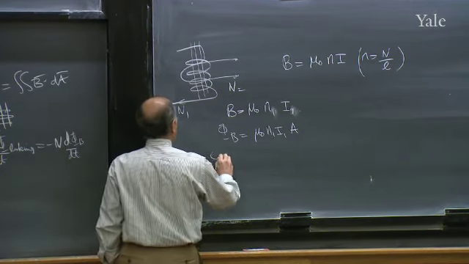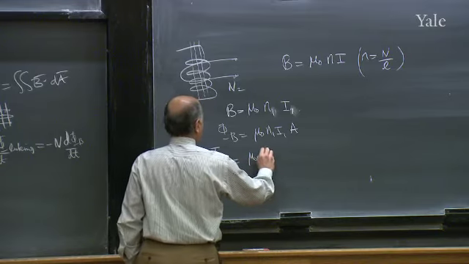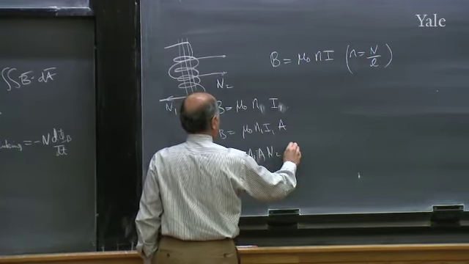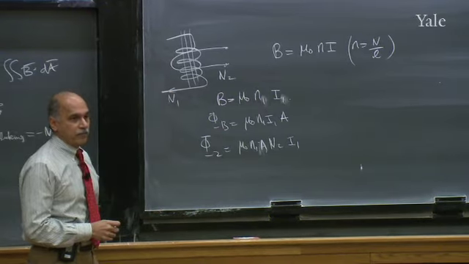Now the flux linking with the second one is equal to mu0 N1 A N2 times I1. You see that?